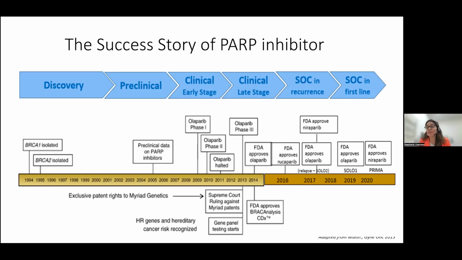And now, given the benefit that has been observed in our patients, we have PARP inhibitor treatment approved in the first-line setting. I will take a few minutes here today to go through this potential treatment that is now being integrated in our practice.